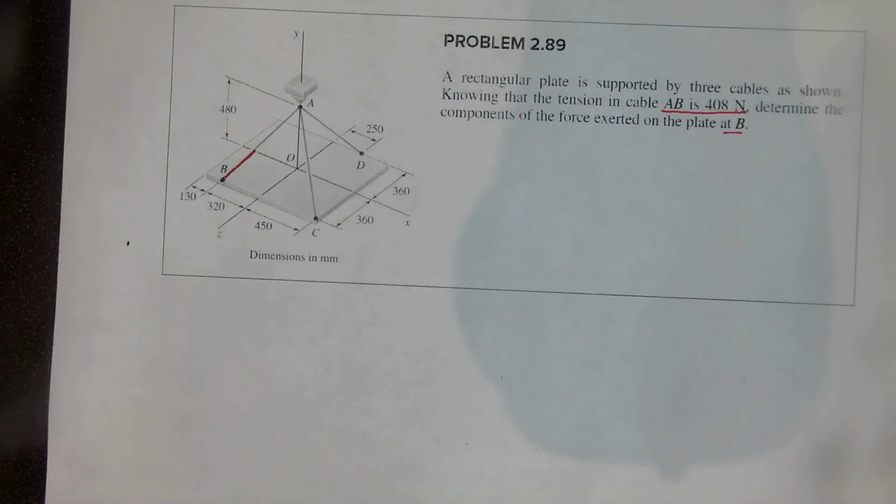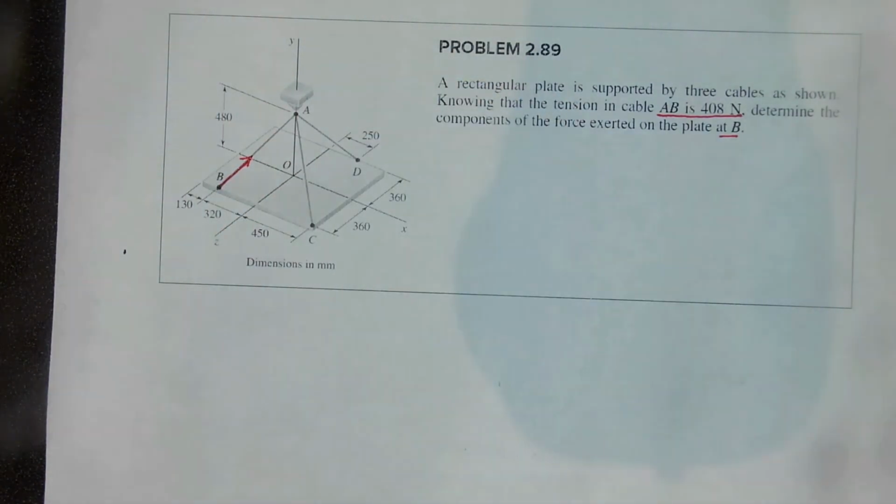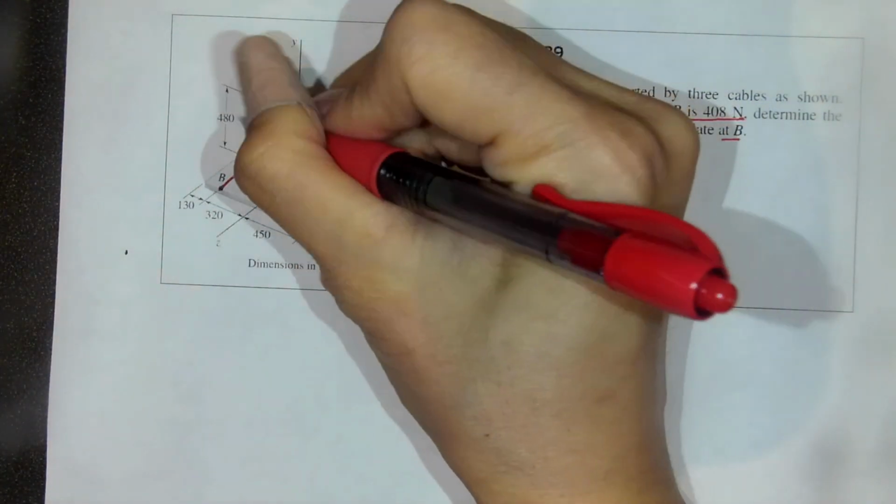And then what is the direction of cable tension exerted at B? Is it upward or pushing B? Upward. Yes, upward. Yeah. Got it. Okay. And then this is a vector.